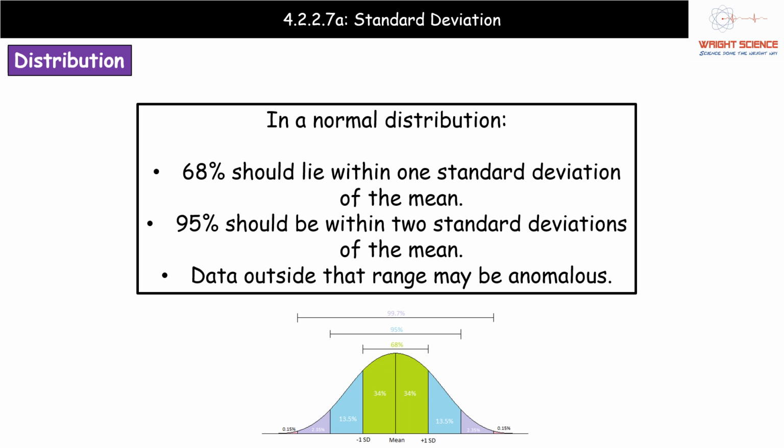If we take that to 2 standard deviations from the mean, then that would be 95% of all values. If any values fall outside of that 2 standard deviations from the mean, we can describe that as potentially anomalous, because we would not expect data to be that far from our mean value. So if we have one that's over that, we could probably identify it as an anomaly.